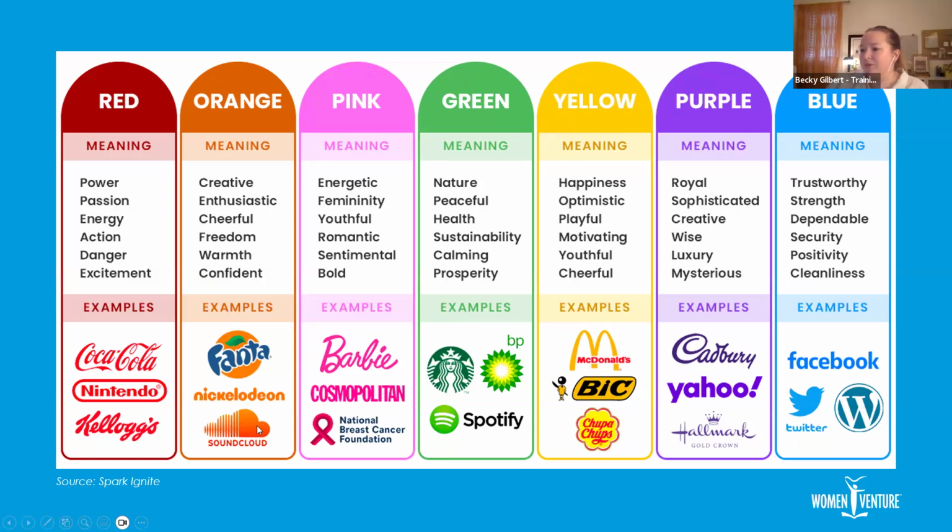And then there are some examples down here. It is hilarious that BP is green, right? The least eco-friendly business you could think of. But it's the flower and it's green and it makes you think, oh, world peace, eco-friendly. So it's doing a little switcheroo on you there.